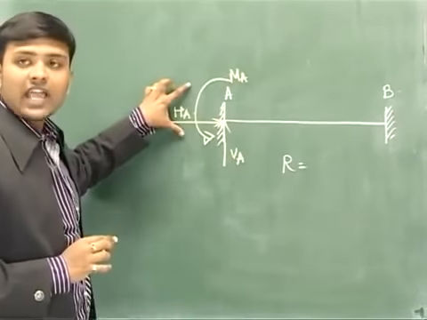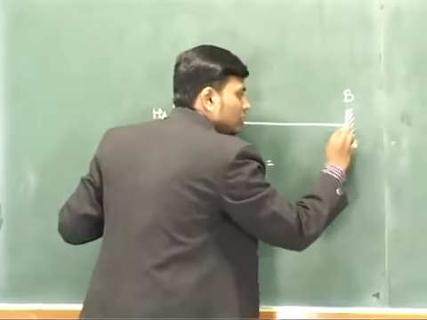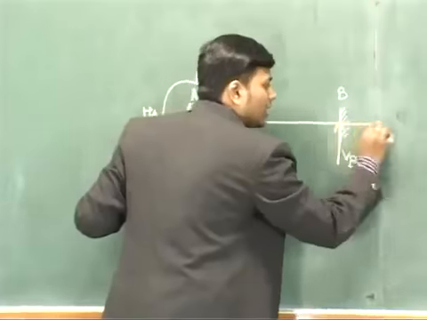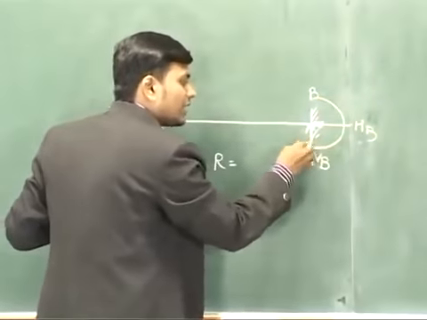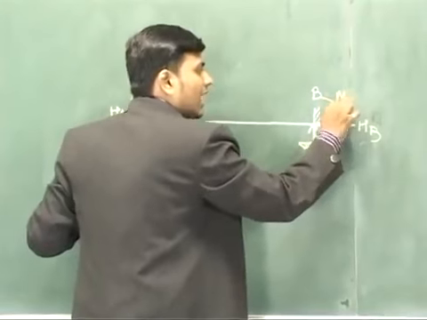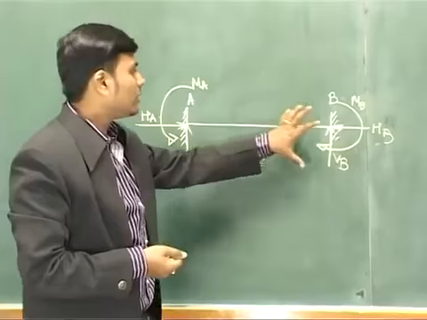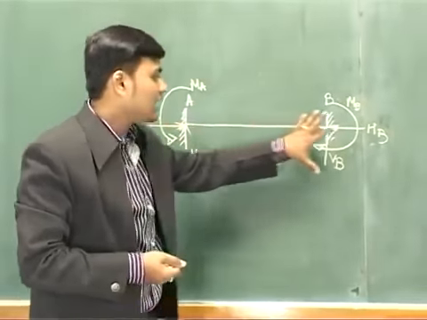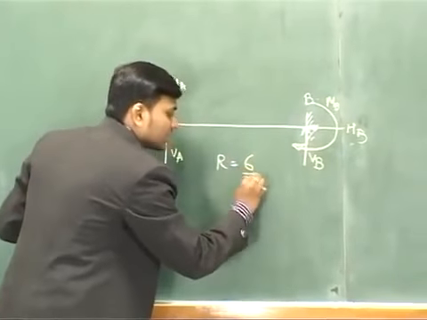So there are 3 reactions which are there at A. Same is the condition for B. So vertical reaction at B, horizontal reaction at B, and in addition to that there will be a movement at B. So reactions are nothing but number of constraints. So number of constraints at A are 3, at B are 3. So R will be equal to 6.